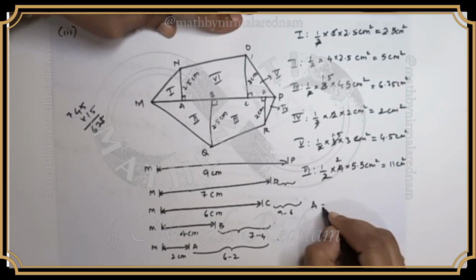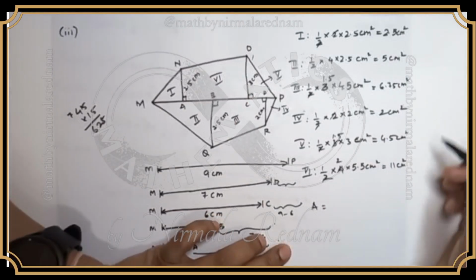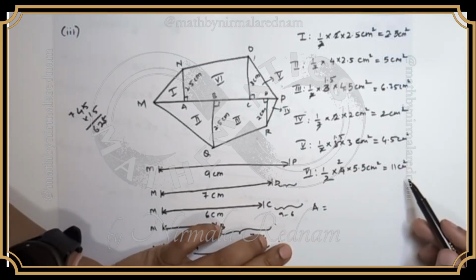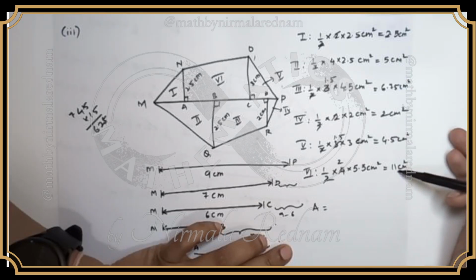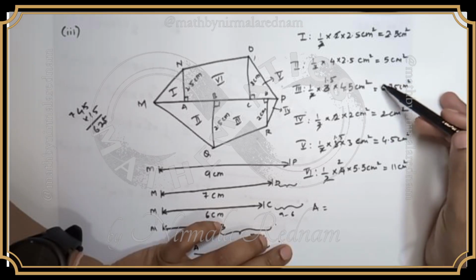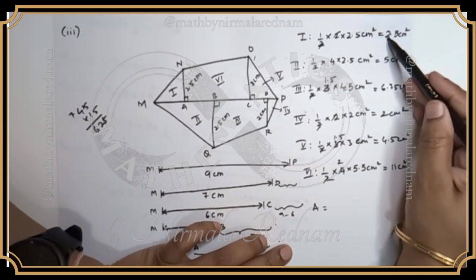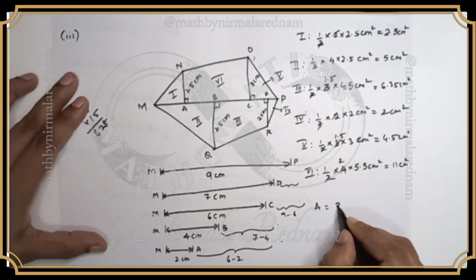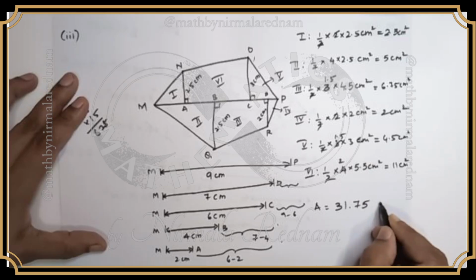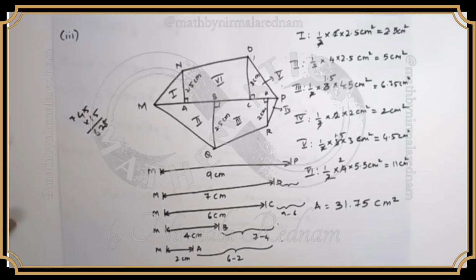Right, now I have to find the area by simply adding all this. So I have 5 plus 2, 7 plus 11 is 18, and then I have a 10, 28, 30, and then 31 plus 0.75, 31.75 square centimeters. So that is the area of the given hexagon.